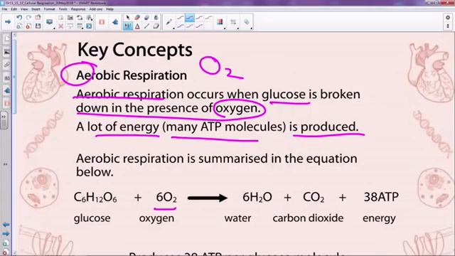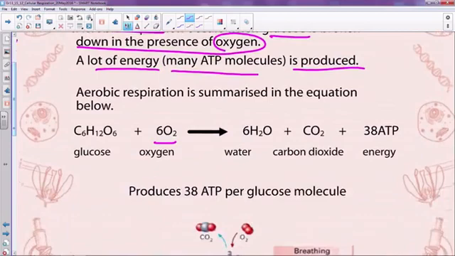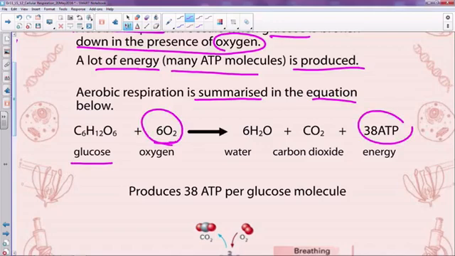We know that the more oxygen you have in your body, the more energetic you feel. The relationship is that oxygen is the molecule that fuels the process of breaking down sugar or glucose in the body. When we look at respiration in a chemical equation, we can summarize it as follows. We need a glucose molecule, and aerobic respiration requires oxygen, and that produces energy, which is 38 molecules of ATP.